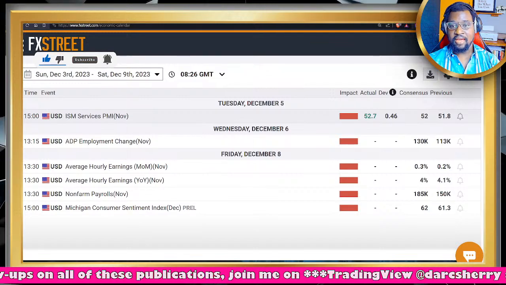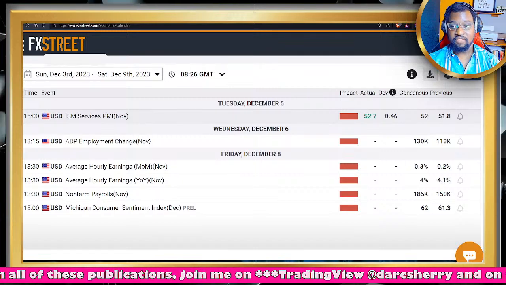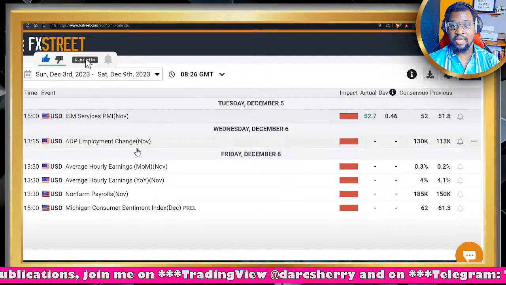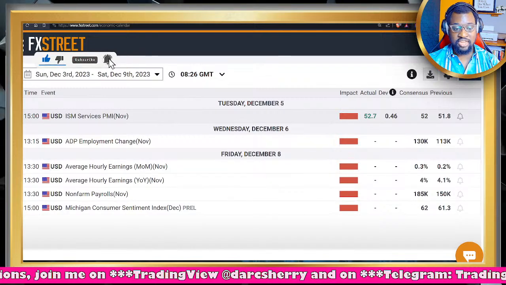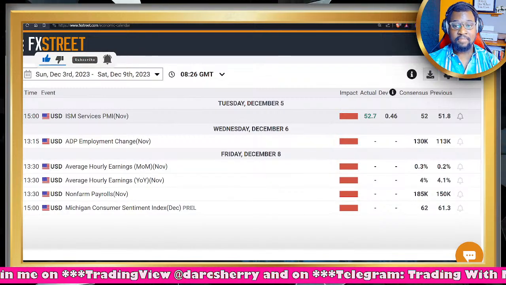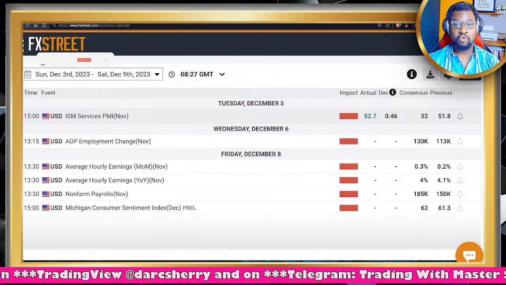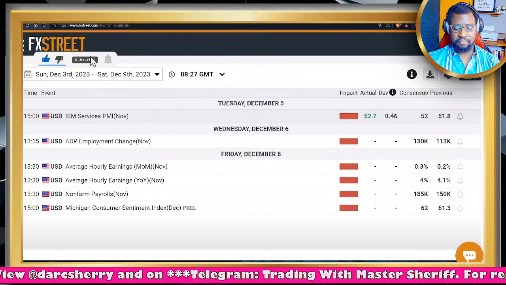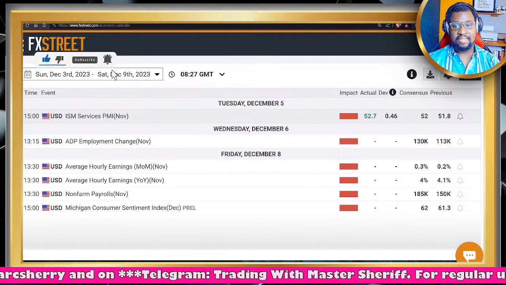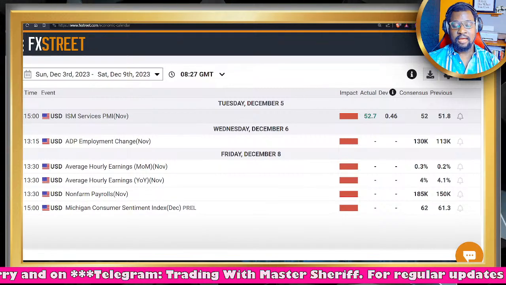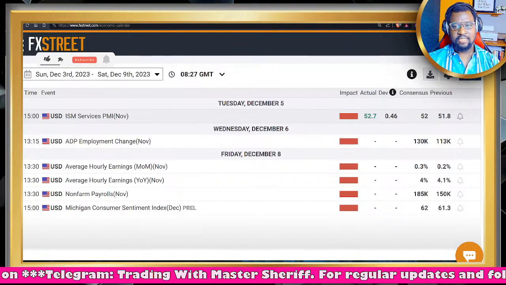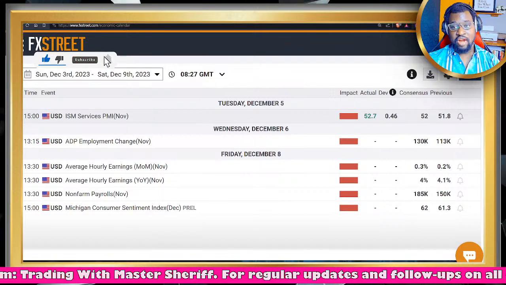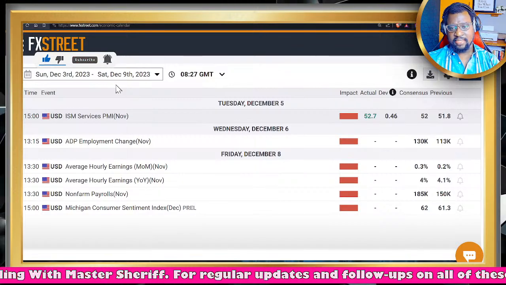Now, the first impactful event for today, Wednesday, December 6th, is the ADP employment change, another significant labor data. For those of us who don't know what the ADP is all about, this is a monthly economic report that provides an estimate of the change in non-farm private employment in the United States.